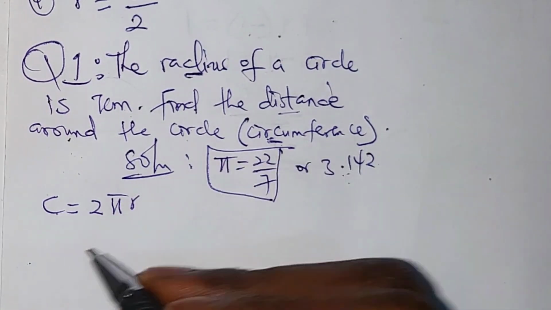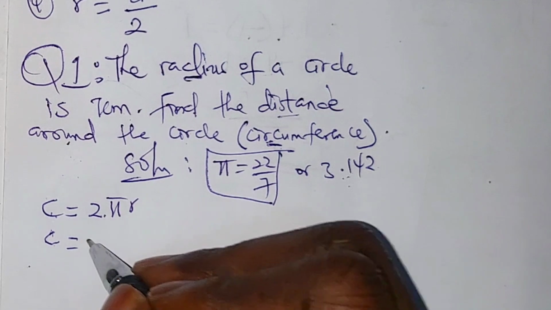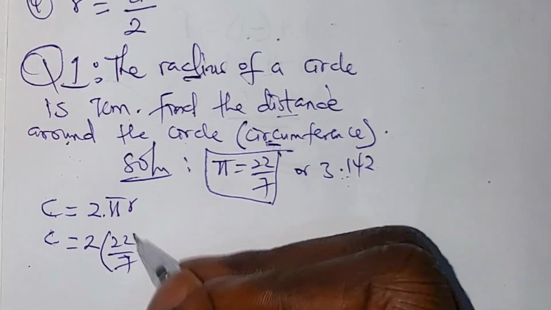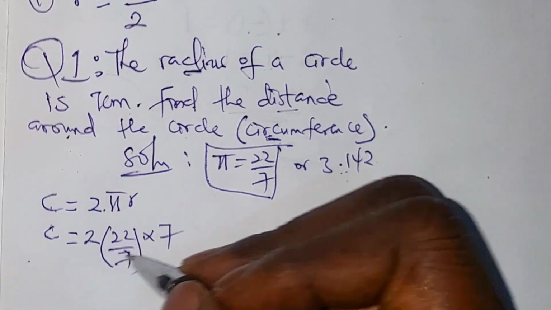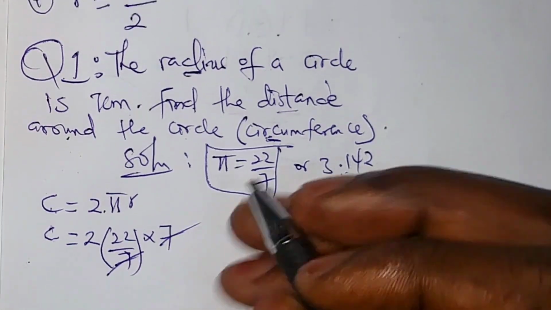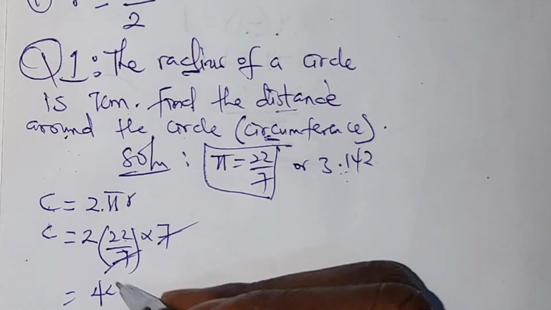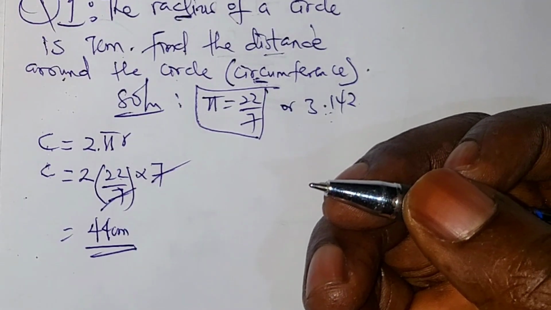We don't know the circumference, so C is equal to 2, pi is 22/7, and our radius was given as 7. This 7 can cancel out this 7. So we get 2 times 22, which gives us 44 centimeters. That becomes the circumference.